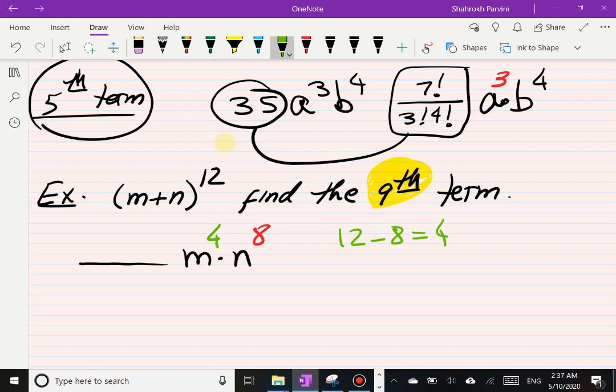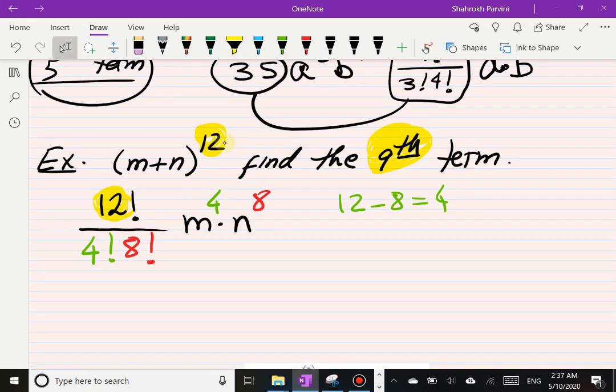Next, I'm going to copy and paste 4 and then 8 factorial down here. The numerator is going to be 12 factorial, which is going to be exactly the same as this. These will be the same. And there you go. So we now have the single term, the 9th term, without going through the full expansion.